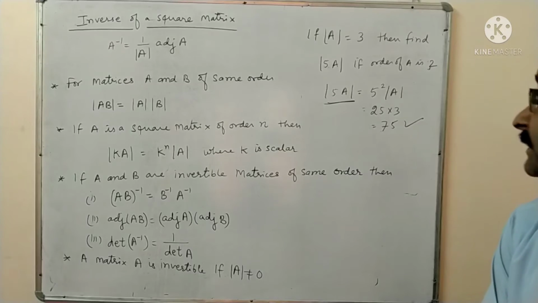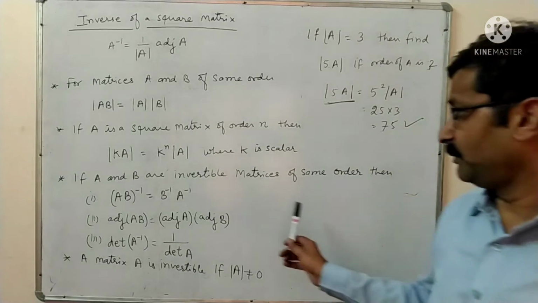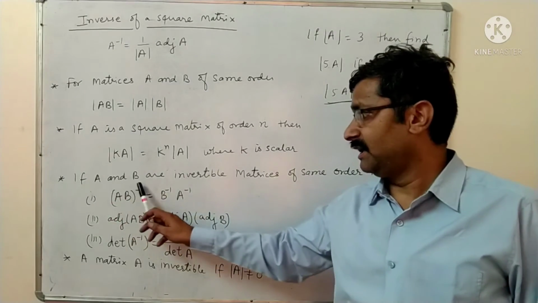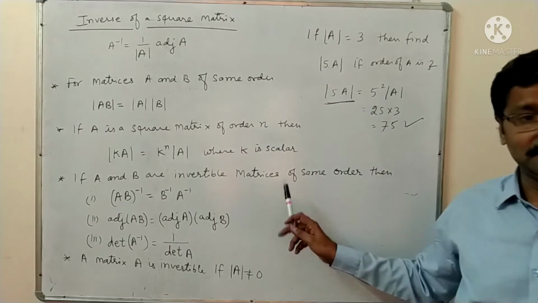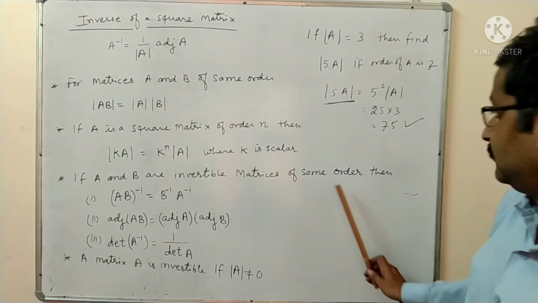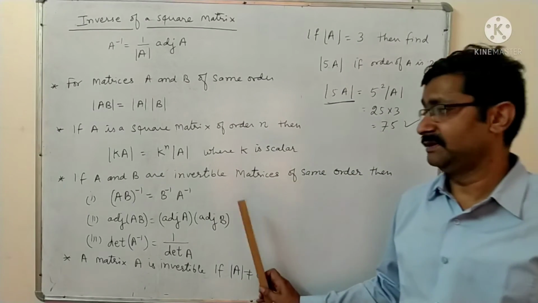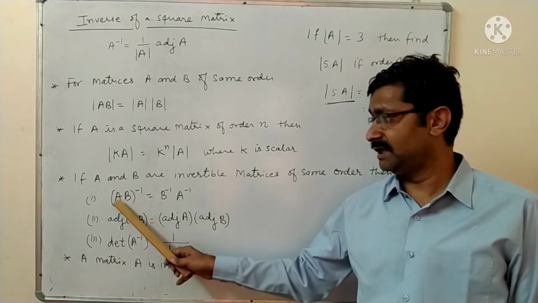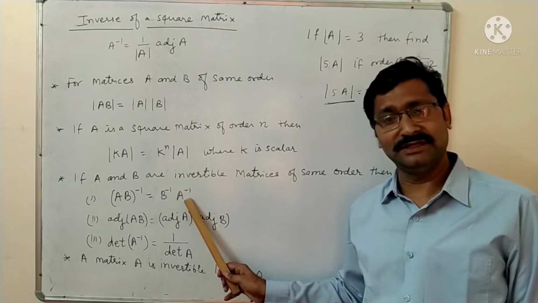Okay. Now next, look here, there are some more properties we have. If A and B are invertible matrices, meaning you can find the inverse, of the same order (the order should be the same, whatever the order is), then (AB) inverse is equal to B inverse A inverse.